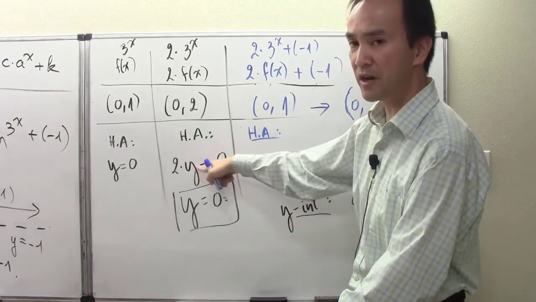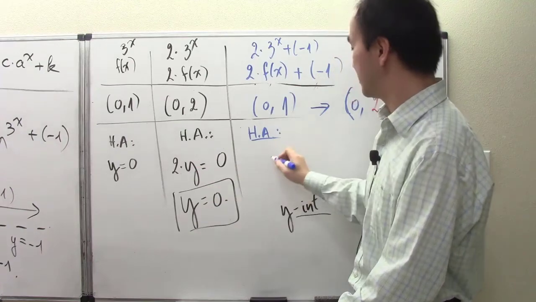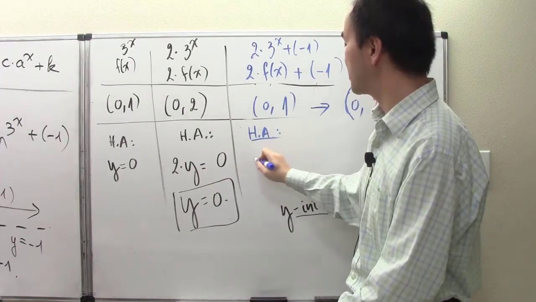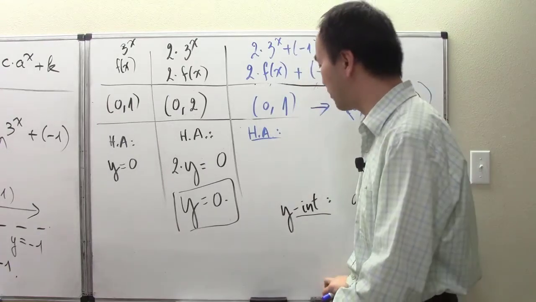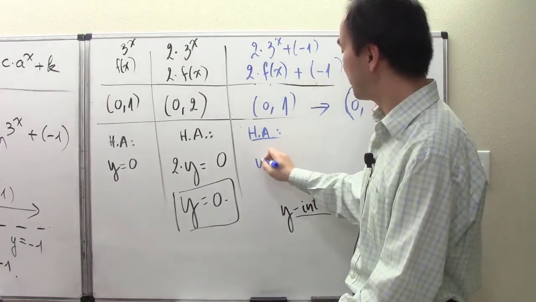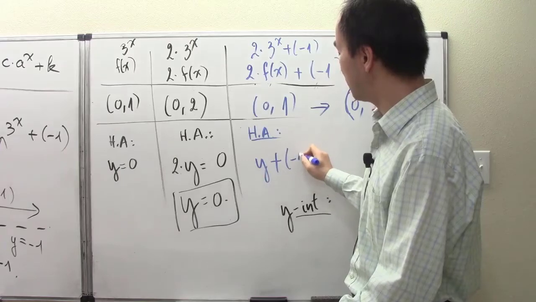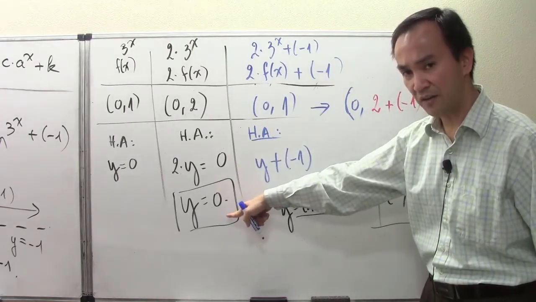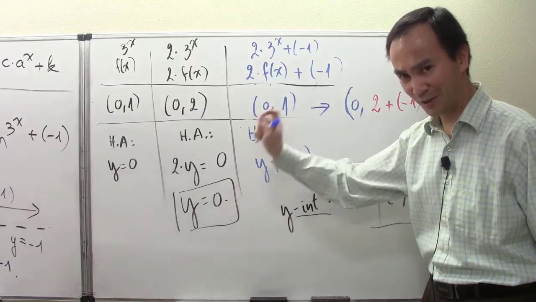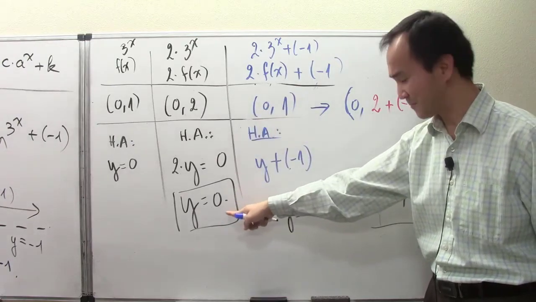From the very previous step, y equals 0. We already multiplied by 2, but now from the y value, we're going to add a -1 to the preceding y value. The preceding y value was where our horizontal asymptote was located in the preceding step.